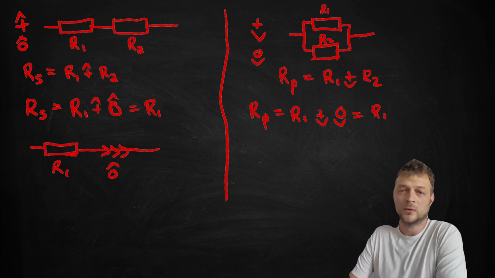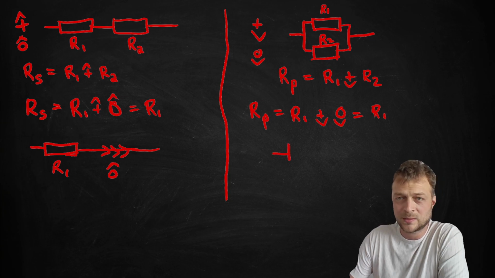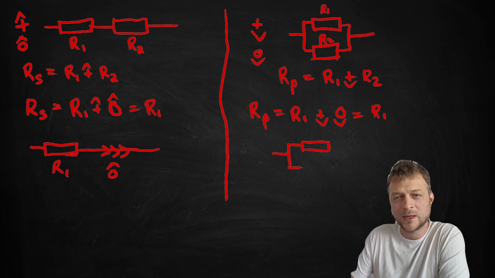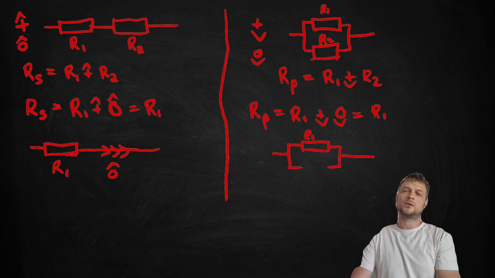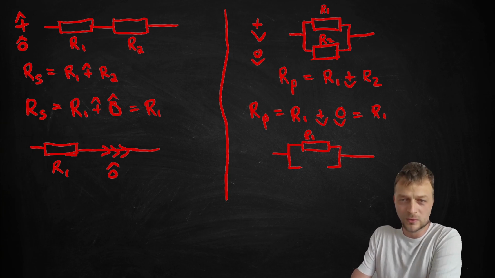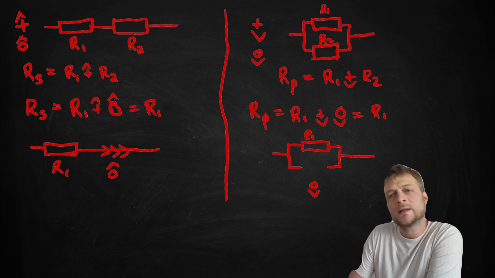On the left side, let's think a bit about what can be the 0. What we want is some element on the bottom. Let me have a space here. R1 is here on the top. On the bottom we want R2, some element here that will not change the resistance of this circuit.